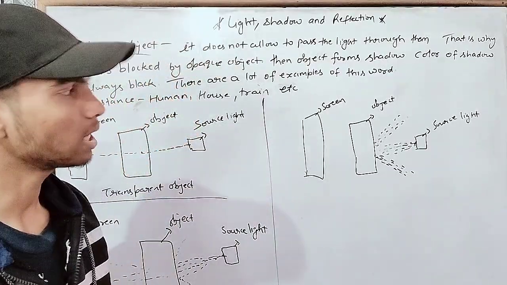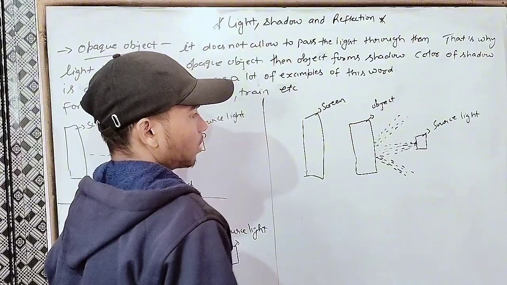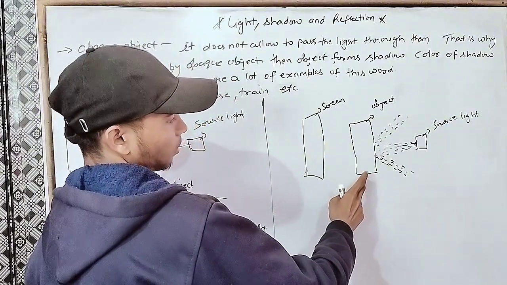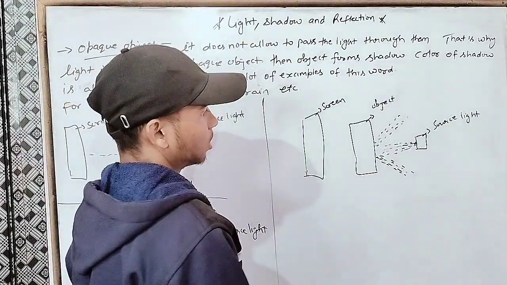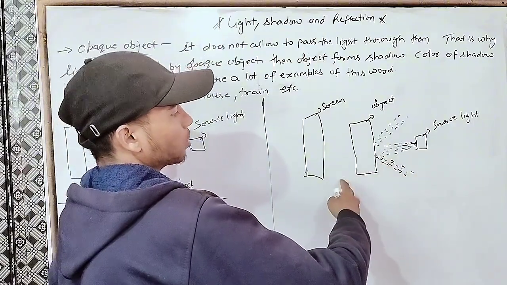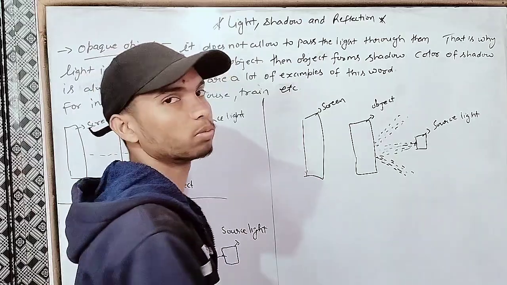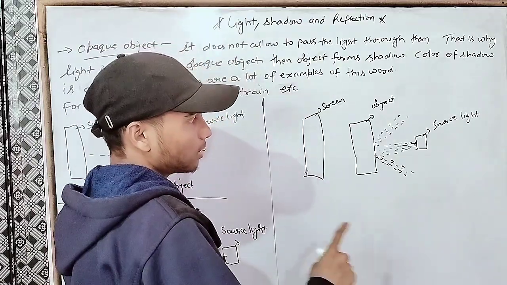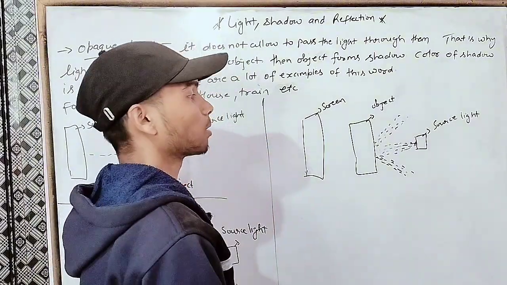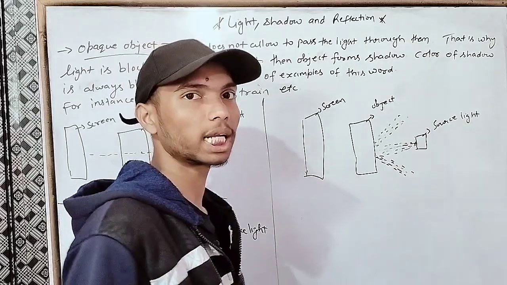So here you can see no light crosses this object. Rather than crossing, this light is turning into another direction after hitting the surface of this object. So it means light is being blocked by this object. That's why light is turning into another direction.